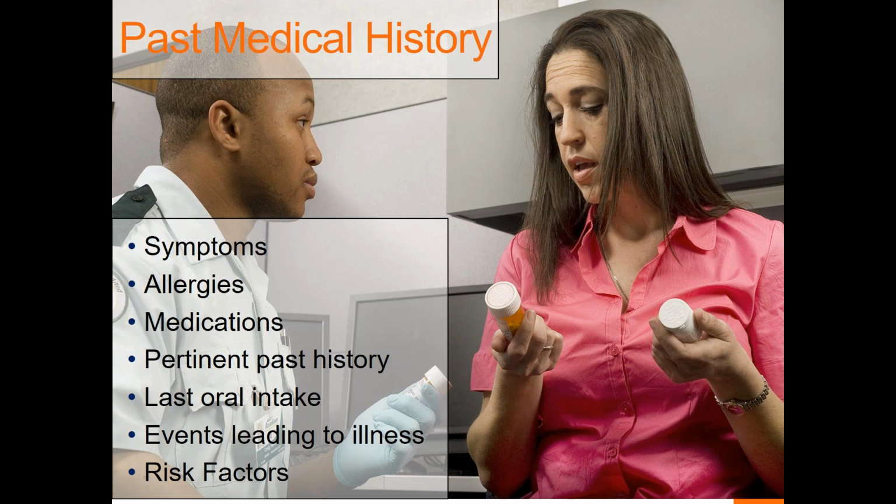Because it shows that you are able to actually know the questions to ask, retain the information, and most importantly, when we get to checking our vital signs and deciding on a treatment, providing the appropriate treatment for this patient.